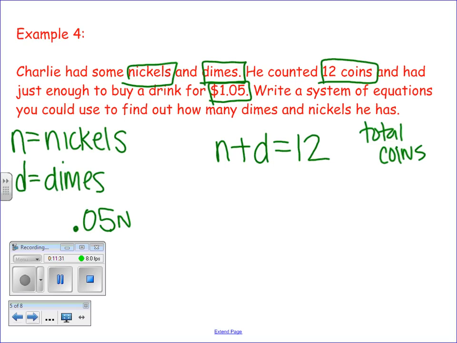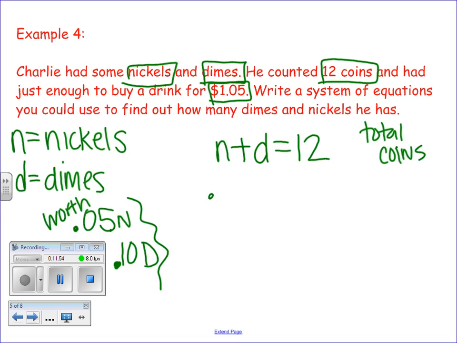And dimes, I think I could just write 10 for every dime. Oh wait, that would be $10. So I need to put 0.10. Okay, so that's how much these two things are worth. So that's important information. Okay, well, how much money did I have? I had $1.05.